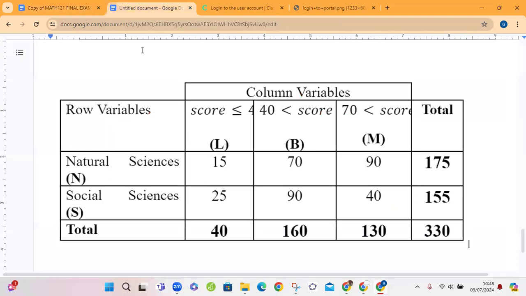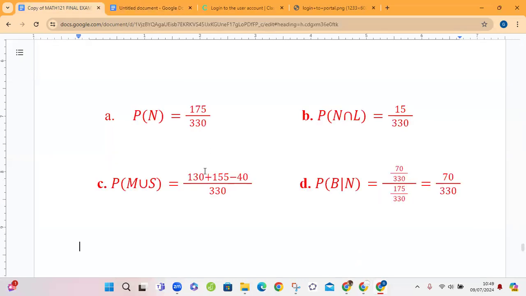And here P of M, that's 130 out of the 340. S is 155 out of the 340, and the intersection is 40 out of the 340. So this is why we have 130 plus 155 subtract 40 out of the 340.